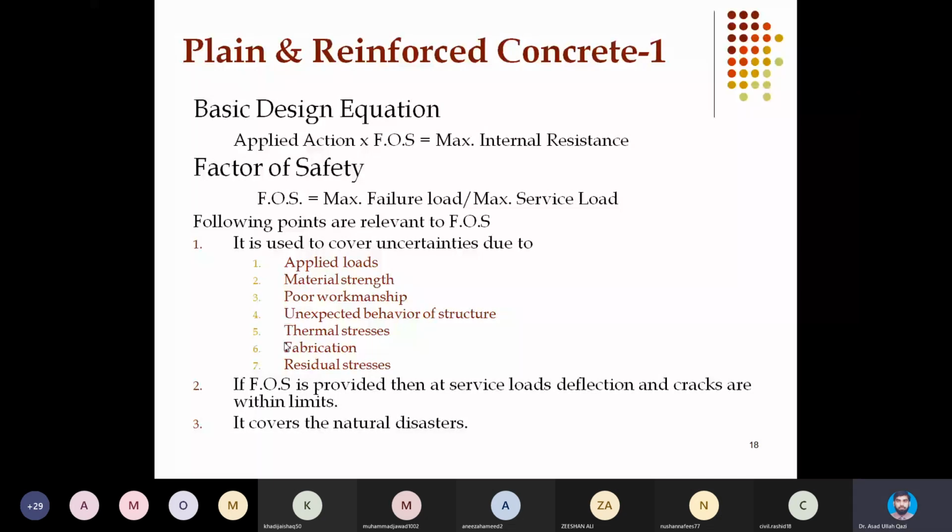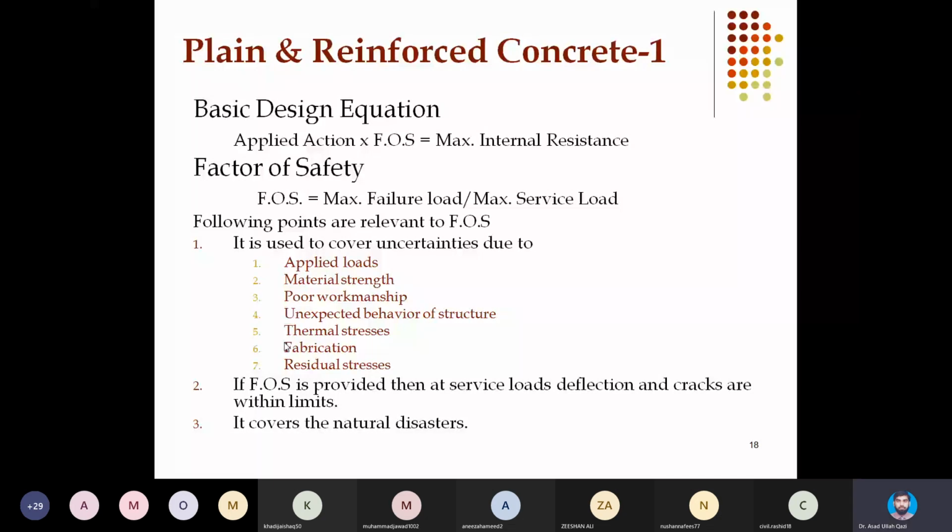Then the next step will be knowing each and every geometric detail along with the selected materials which will be used during the construction.